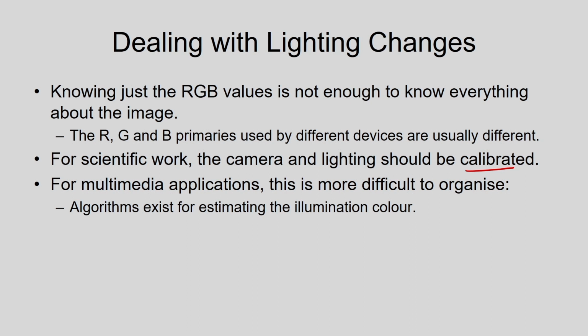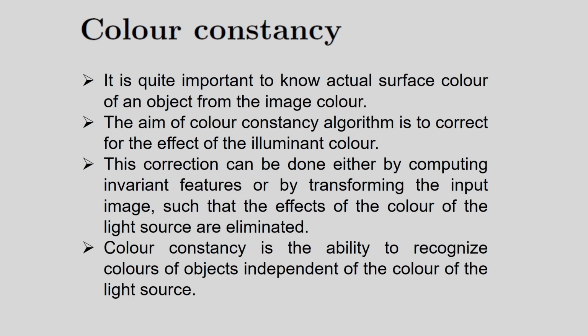That means my objective is basically how to detect the actual surface color from the image color. For this we have algorithms so that we can estimate the illumination color. This algorithm is called the color constancy algorithm.